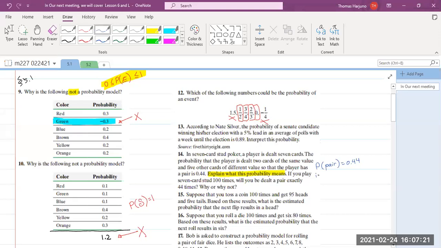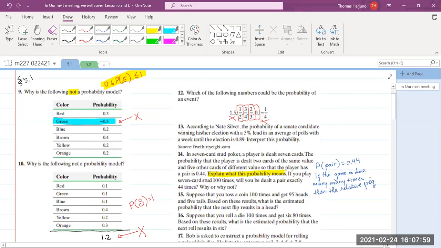It means if the game is done many times, not only 100 times, but many times, then the relative frequency of getting a pair is 0.44. Okay, that's what it means.